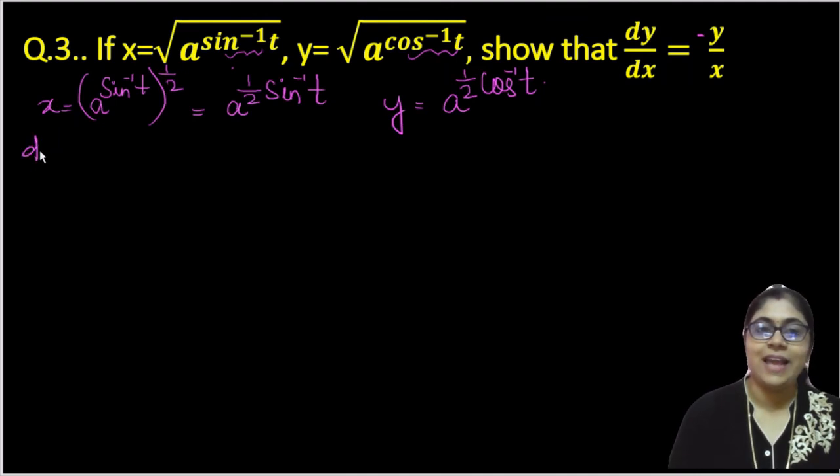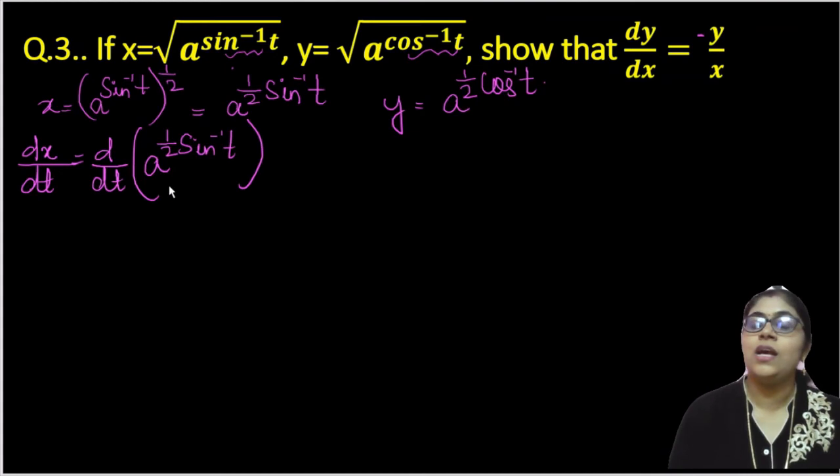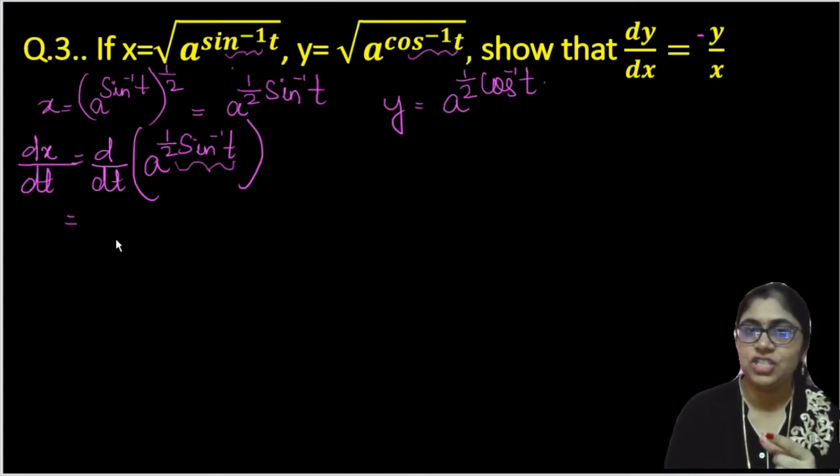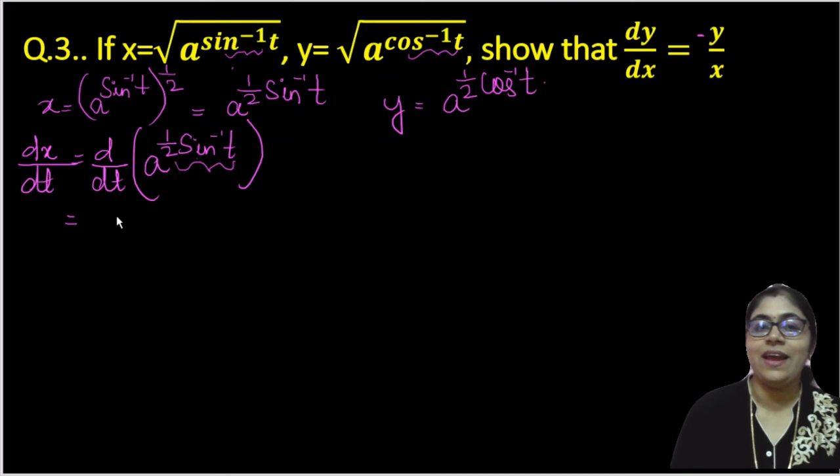So dx by dt here is equal to d by dt of a to the power 1 by 2 sin inverse t. So when we differentiate a to the power x with respect to x, the formula is a to the power x log a. So here first, what is a to the power x?